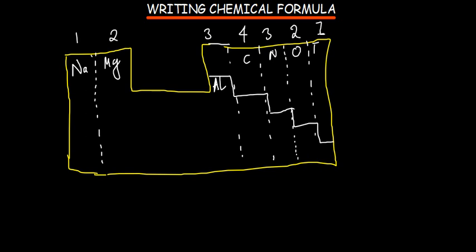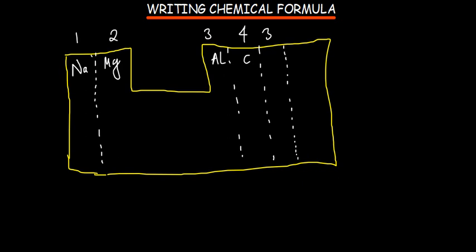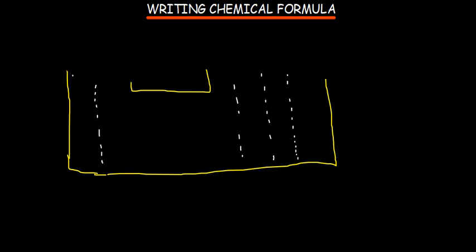Metals have a positive valency, and non-metals have a negative valency. When you're writing the formulas for compounds, make sure that you understand the valency because you really use it.